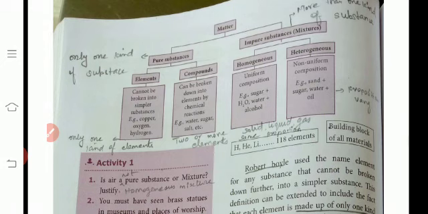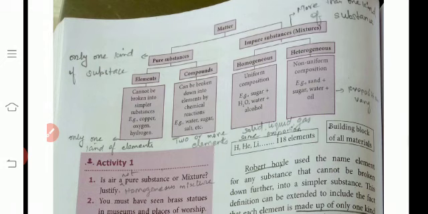Compounds can be broken down into elements by chemical reactions. Water, sugar, salt are compounds. What is the formula of water? H2O. Sugar, C6H12O6. Salt, NaCl. Elements contain the same atoms. For example, copper Cu, oxygen O2, hydrogen H2.